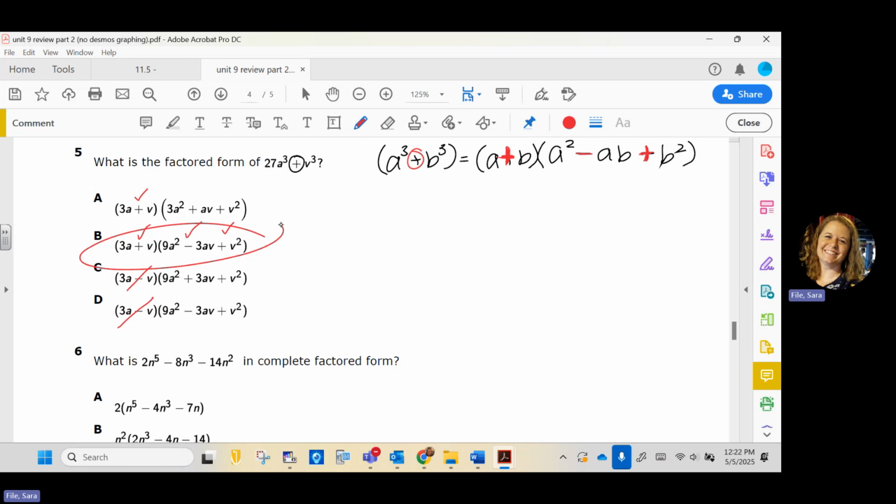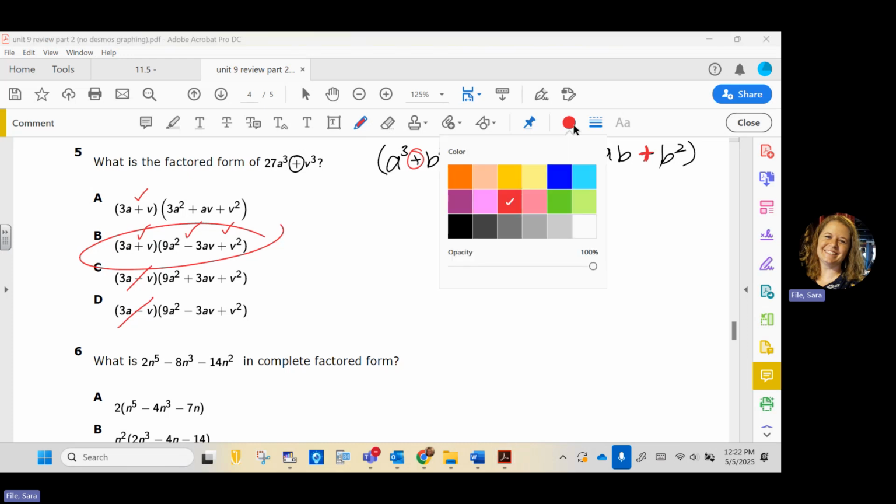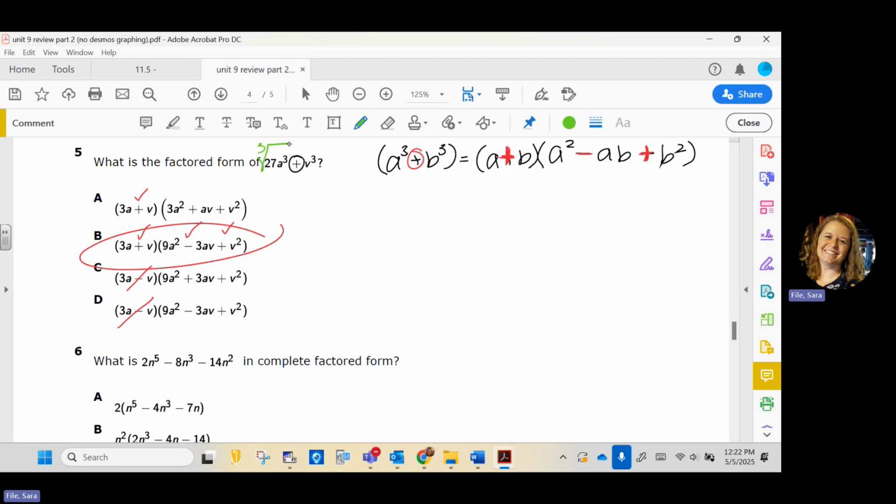Now I'm going to show you working it out just so you understand if you weren't able to eliminate every single one. You're going to take the cube root of that first term, which would be 3a. So a 3a is going to go everywhere in place of a.